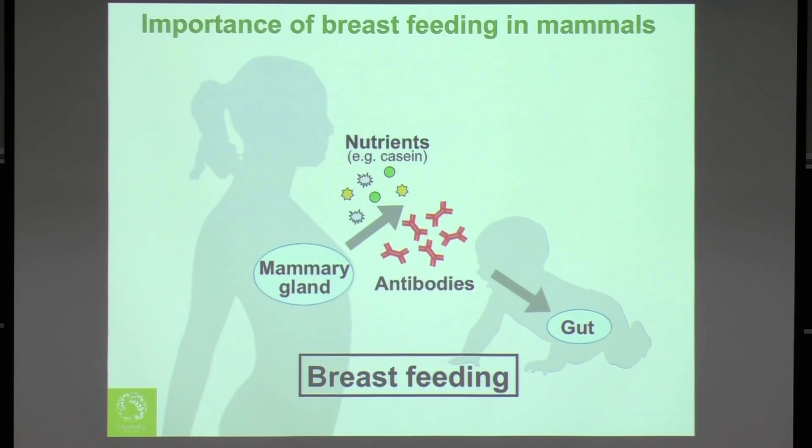In addition to the uniqueness of the developmental process of morphological maturation, you can also learn functional maturation, because the most important function that the mammary gland has is to produce milk proteins, such as caseins, from mom to the babies. And another important thing that you have to think about is to transfer antibodies from mom to the babies.